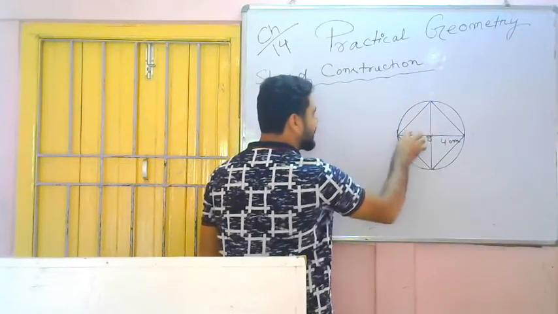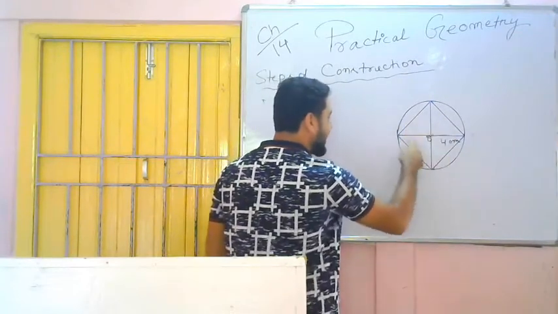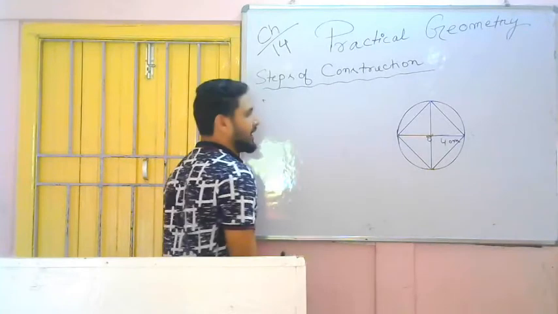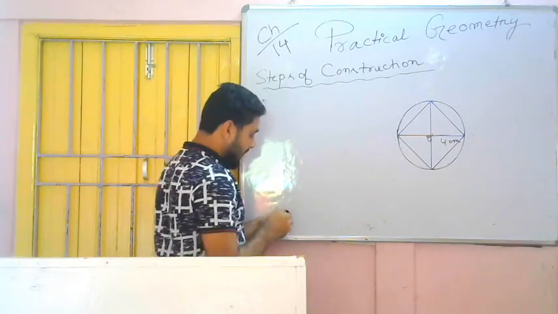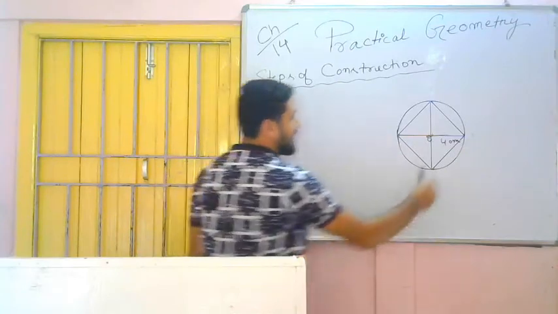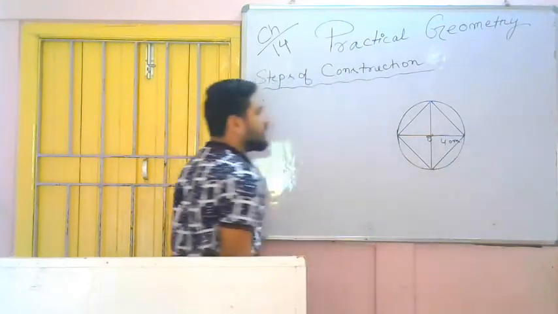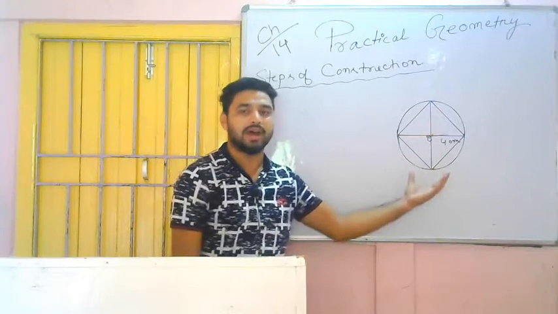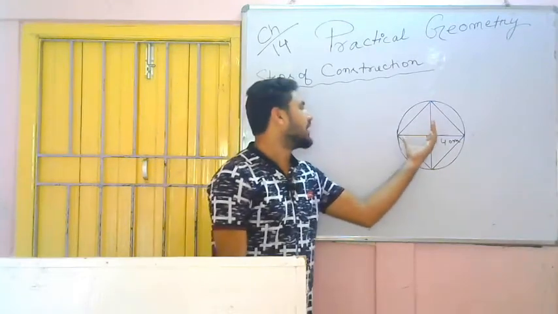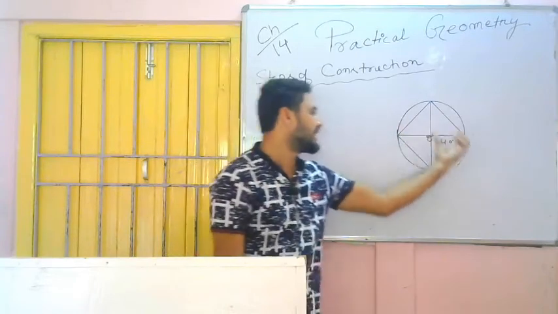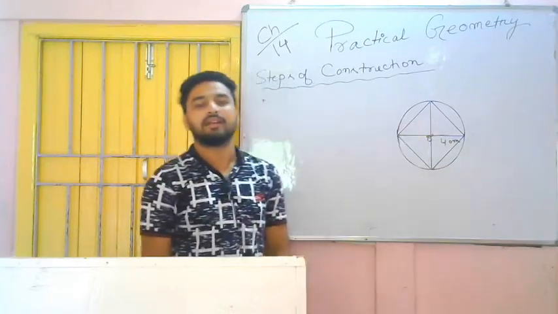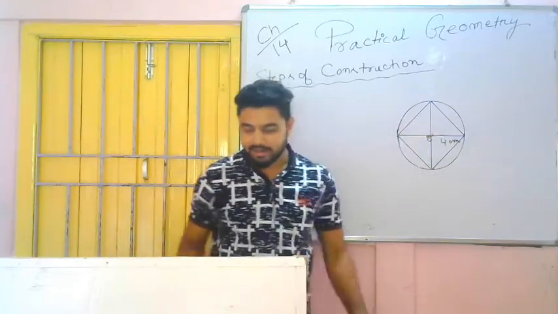That means this side, this side, this side, and this side will be equal. So we'll get a square, because we know that all the sides of a square are equal. So we are getting equal sides, so we can say that it's a square.